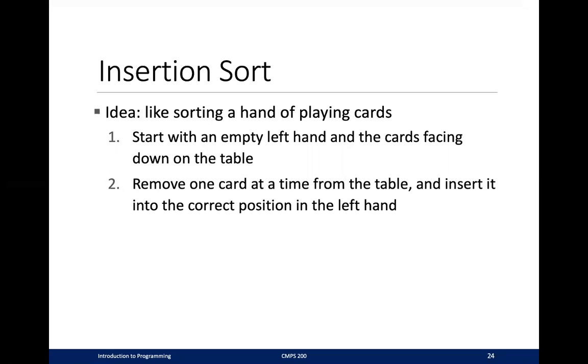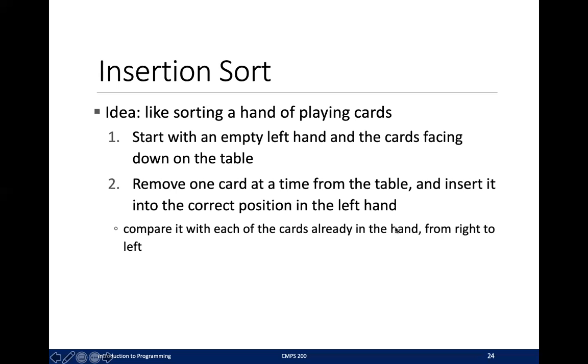Since your hand was initially empty and you picked one card, there's no position really. It's just put in your left hand and that's it. Then the next time you pick a card, you compare it to the cards in your hand and see where it fits. That's what I mean by its correct position in the left hand. So how do I do this? I compare it with each of the cards already in hand from right to left.